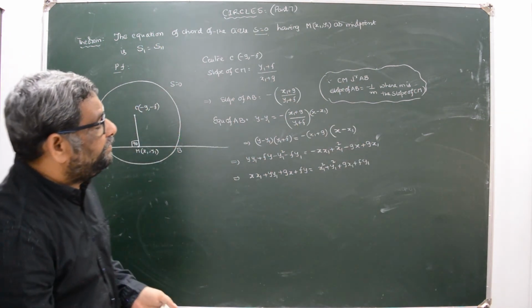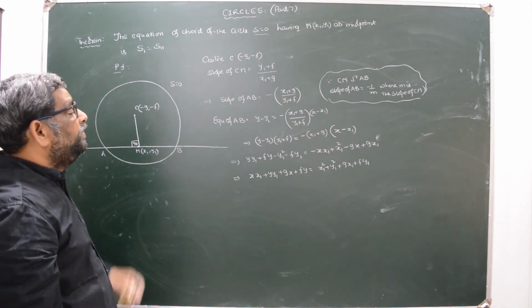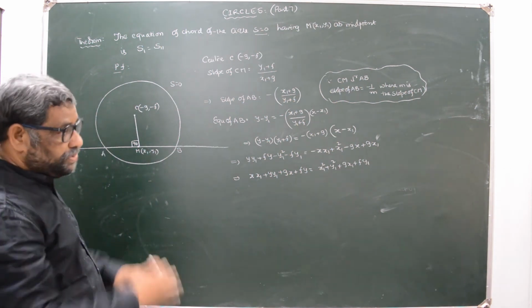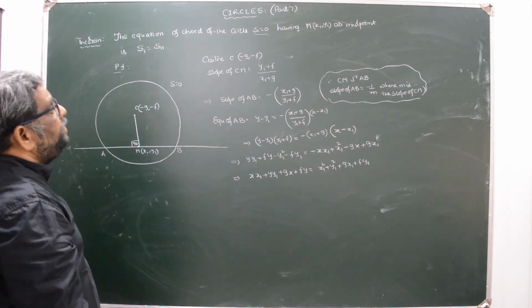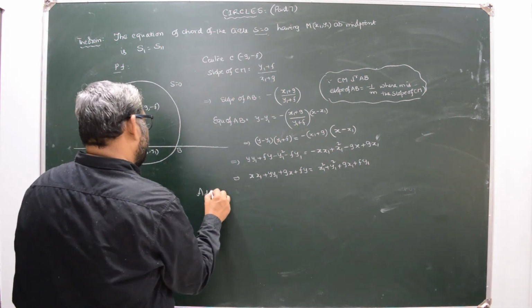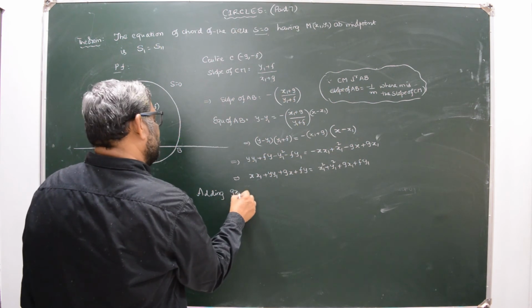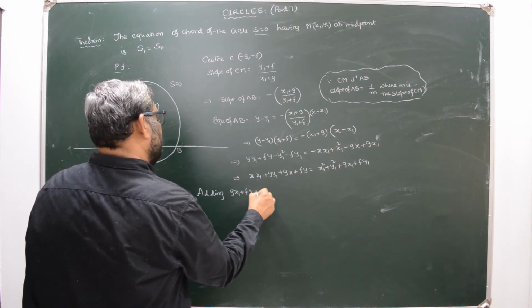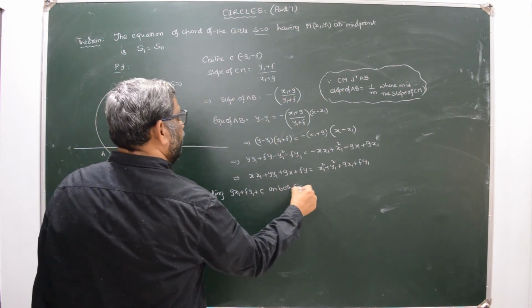Actually, this is the end of the theorem, but it becomes very difficult to remember. So, according to notations, we'll add something on both sides so as to convert it to S1 equal to S11. So, adding gx1 plus fy1 plus c on both sides.